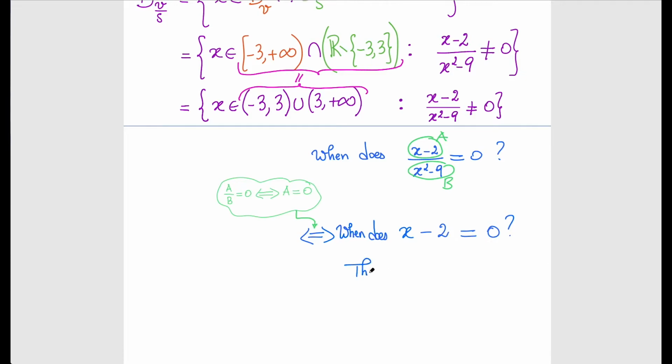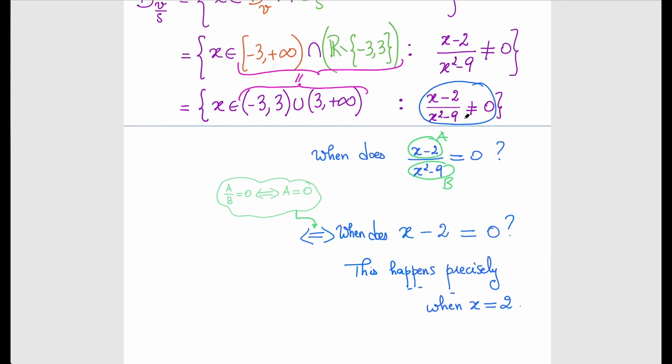Okay, so when does x minus 2 equal 0? This happens precisely when x is equal to 2, right? Correct? Since this question is equivalent to that, this also happens precisely when x is equal to 2. Okay. So I know now what this means.